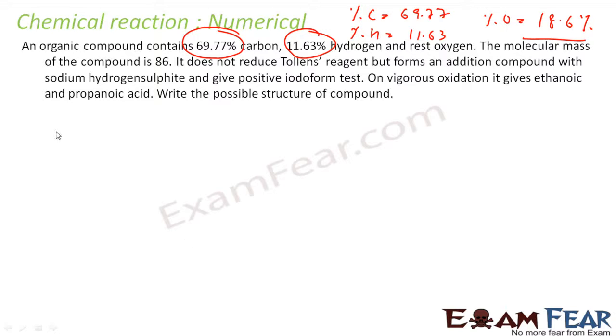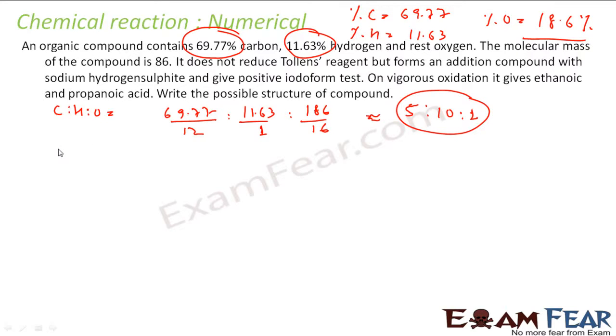So these are the percentages of carbon, hydrogen, oxygen. So the carbon, hydrogen, oxygen ratio will be 69.77 by 12, 11.63 by 1 and 18.6 by 16. Correct? So this comes out to be approximately 5:10:1.